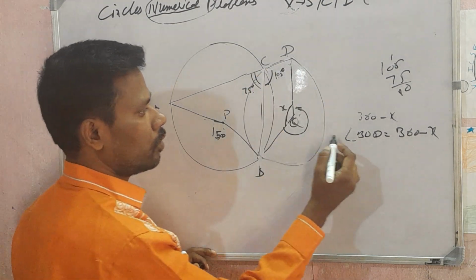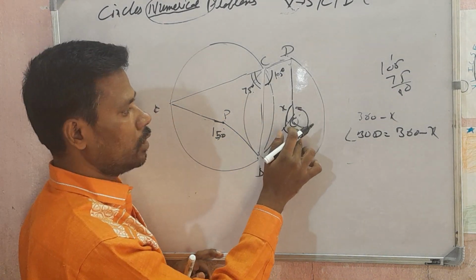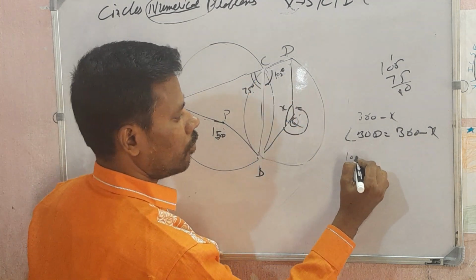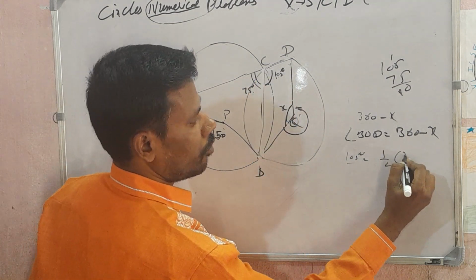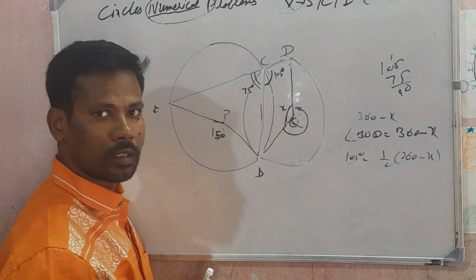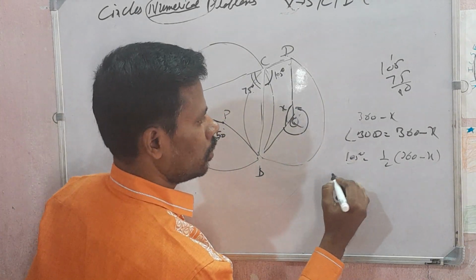Please make a note of this. That means half of this is equal to this one. So 105 degrees is equal to half of 360 minus X, right? So calculate the value of X from this.